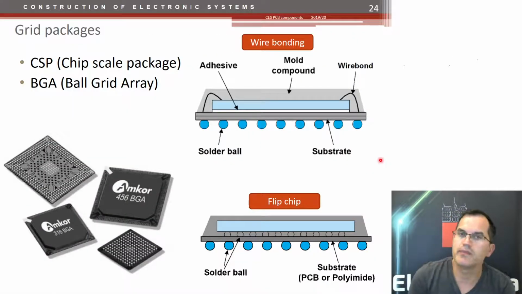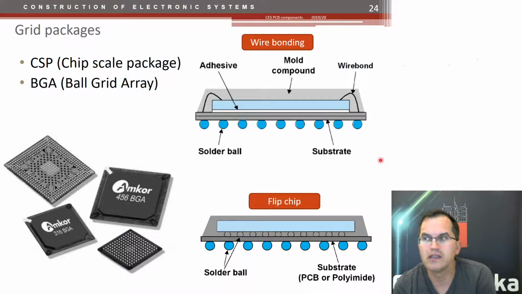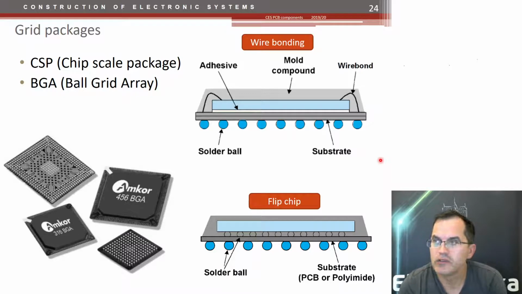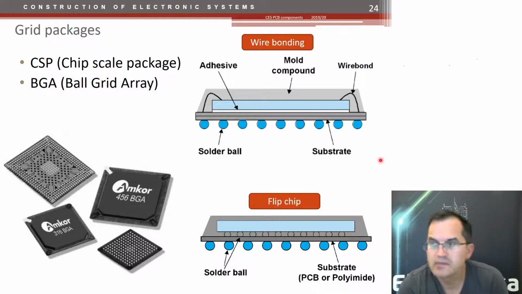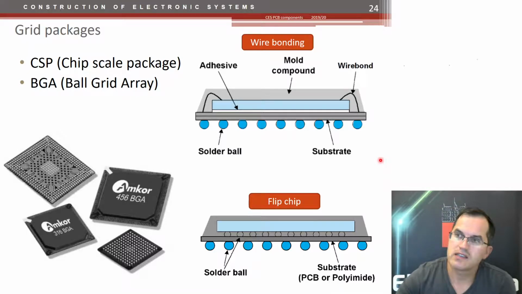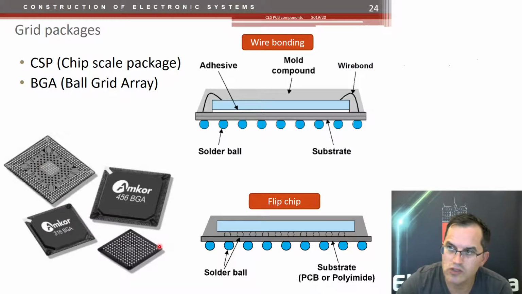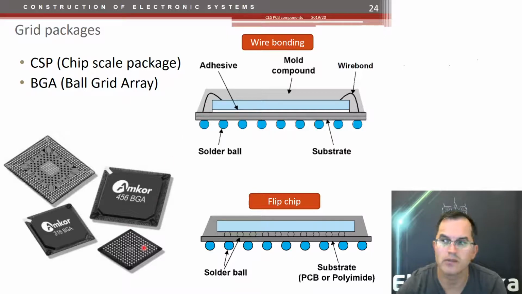What about grid packages? We have two main grid packages called chip scale package and ball grid array. They all more or less have contacts on the bottom side which are arranged in the form of a grid, and you use solder balls to solder them directly on the PCB. You can have two different versions.